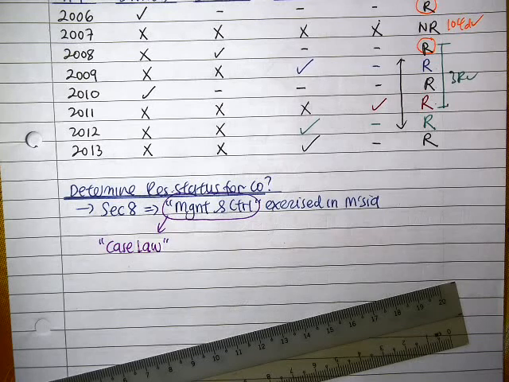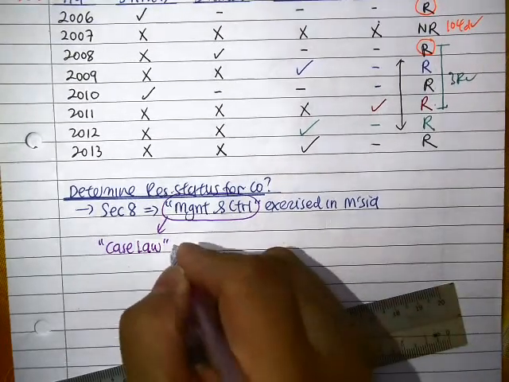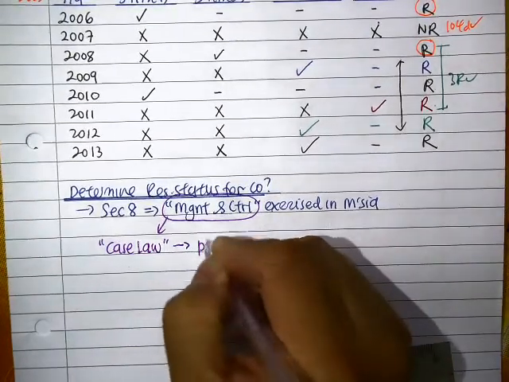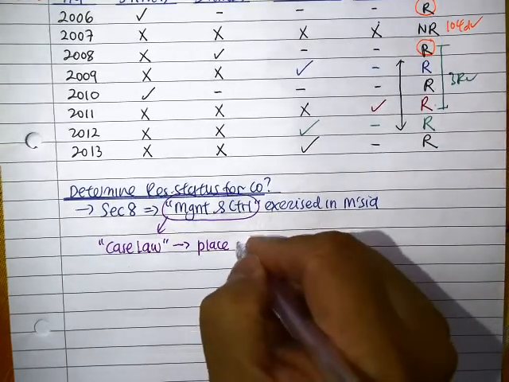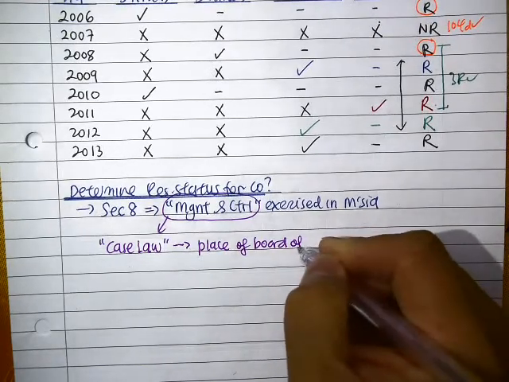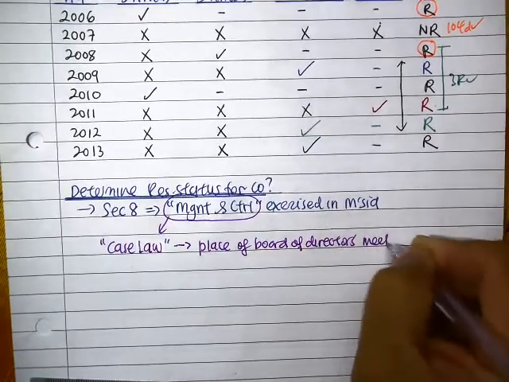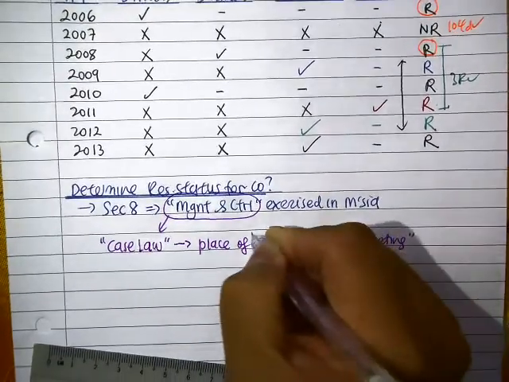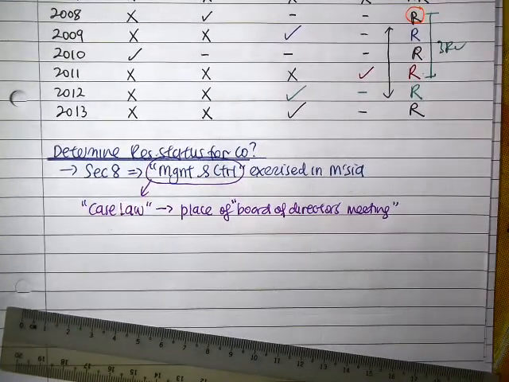Then we realize that the most powerful person with the power of managing and controlling will be the director. So from case law we understand that management and control is similar to the place of the board of directors meeting.